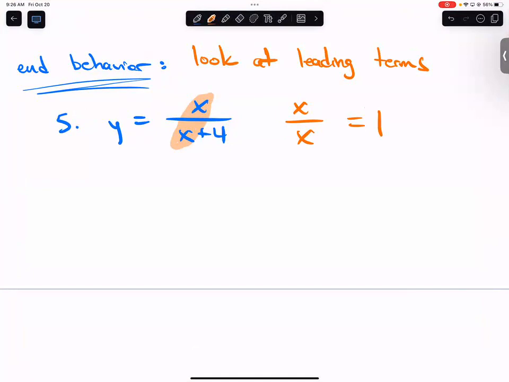This is a polynomial on top and a polynomial on bottom that are about the same size. So they're going to balance each other out, which makes the whole thing level off. And where it levels off is 1, because these were both just x, and that reduces to 1.